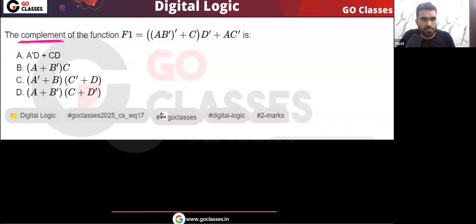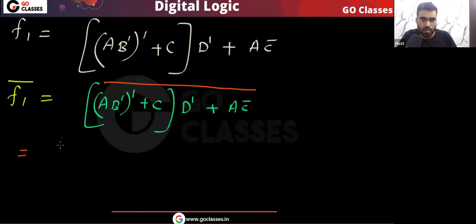Let's see the options. Okay, these are the options, so no problem. If you apply the De Morgan law, you will get this complement. Okay, let's do the complement of this one. So that will be a b bar.